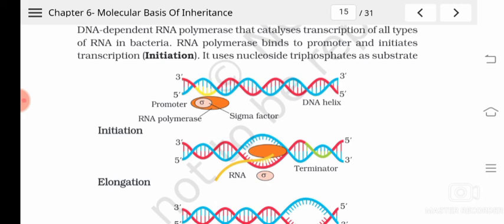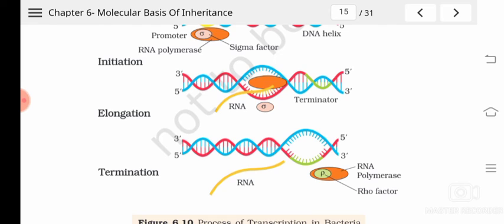You can see that the RNA polymerase keeps on adding the RNA nucleotides, ribonucleotides, okay, according to the complementarity, means the which base pairs are there, the complementary base pairs will be added to the RNA, so that the RNA chain's length will increase. And when will it be stopped?